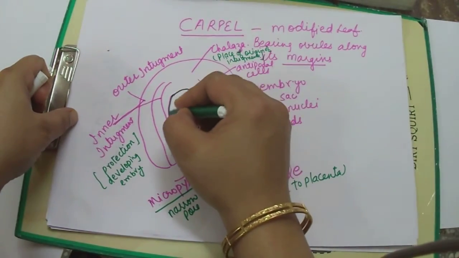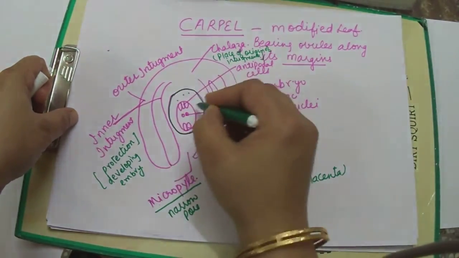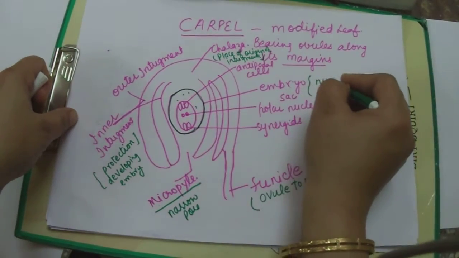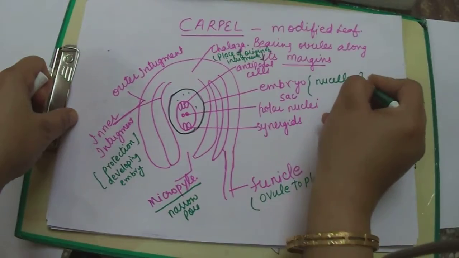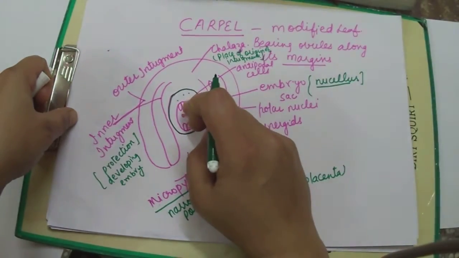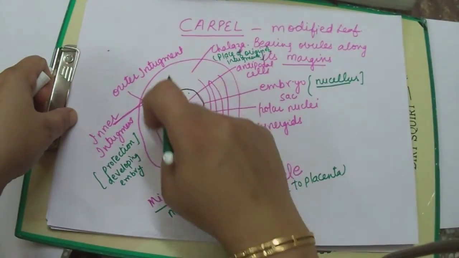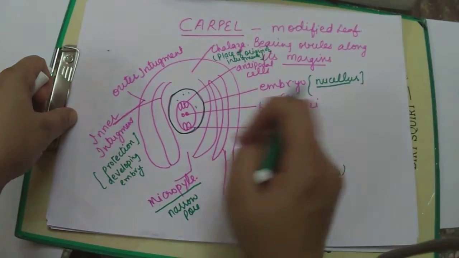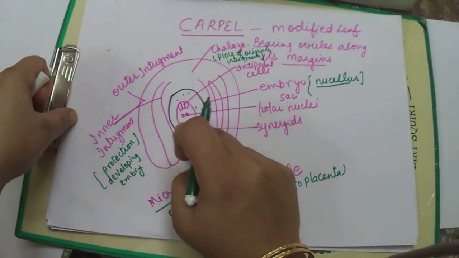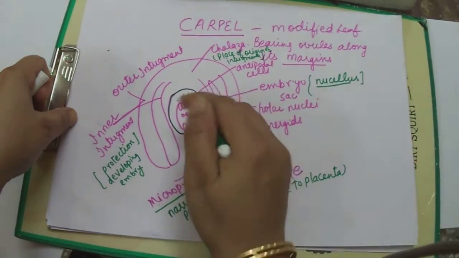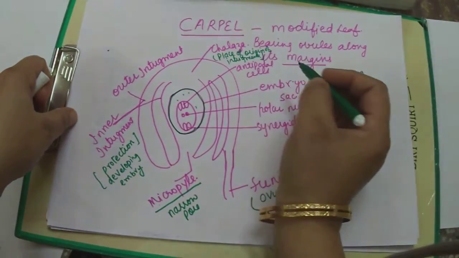What is the function of nucellus? Nucellus or embryo sac, same. Nucellus is a mass of parenchymatous tissue surrounded by the integuments. And this is the embryo, and these are the antipodal cells.